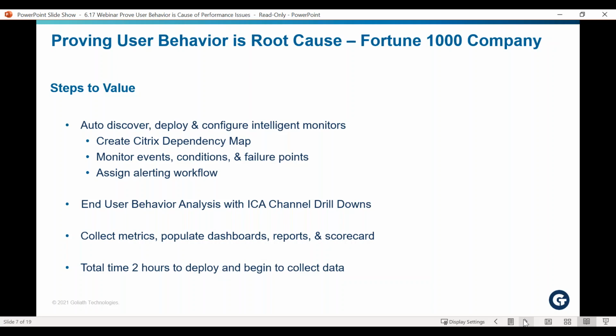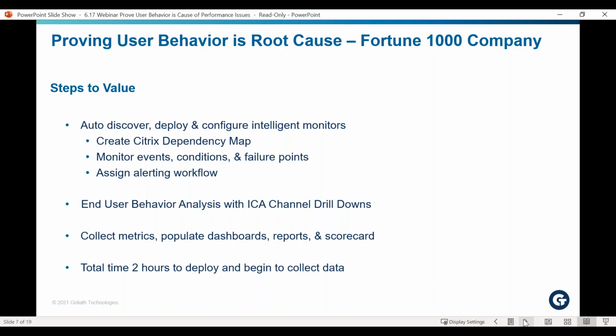So we gave them our technology. I won't read through all these bullet points, but the net of it is it took us about 2 hours to deploy our technology, to begin to pull back metrics and populate dashboards and session displays that would give them the ability to troubleshoot issues and start to build a map of their environment so they can understand where the problems are occurring and start to make some very quick moves on making adjustments to remediate those.